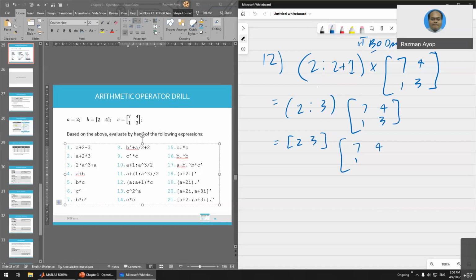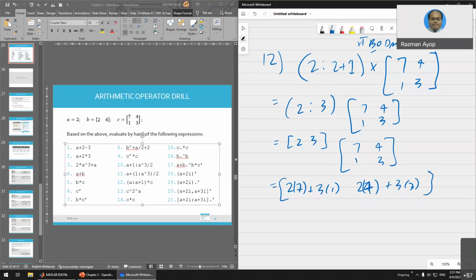7, 1, 4, 3. For this case, let me check. This one is a matrix operation, so here you have to do the long operation. So 27 plus 31 and 24, 3 3.